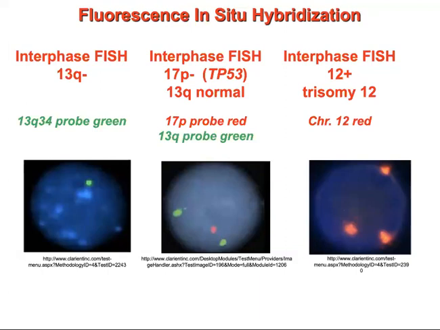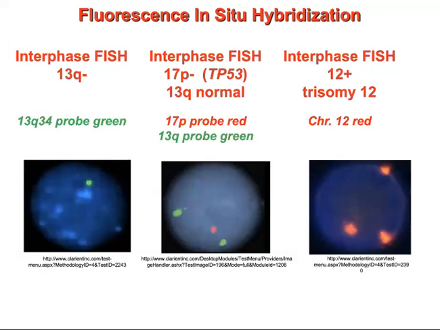For example, if you look at interphase FISH of trisomy 12, this has been tagged with a red fluorophore, so you see 3 copies of the red chromosome.